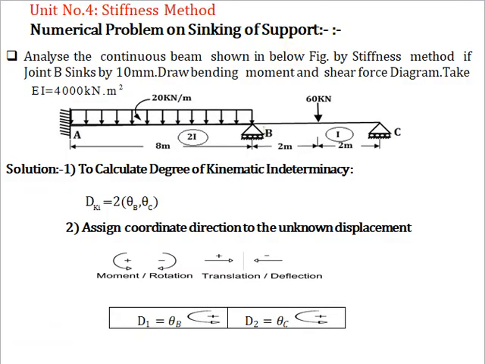So this is the second part of a previous problem. We have gone through the problem statement. We calculated the degree of kinematic indeterminacy. Then we also assigned the coordinate directions to the unknown displacements theta B and theta C in the anticlockwise direction.